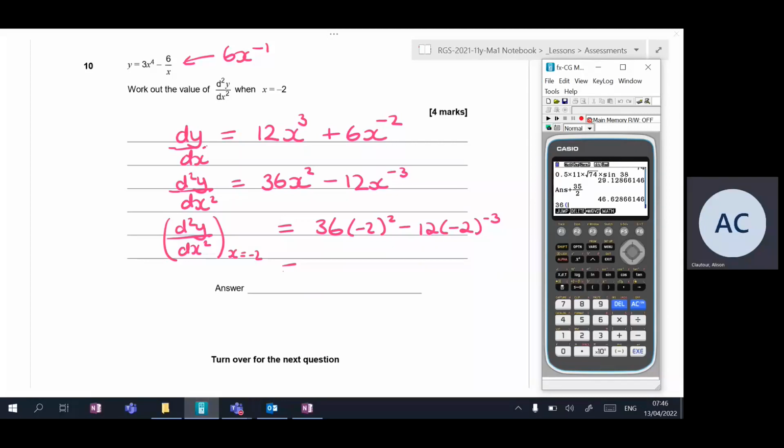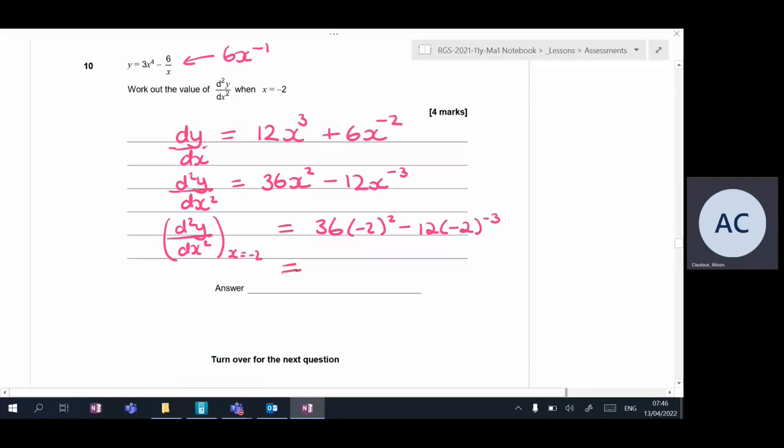So 36 times -2 squared, minus 12 times -2 to the power of -3. So that gives us 145.5.